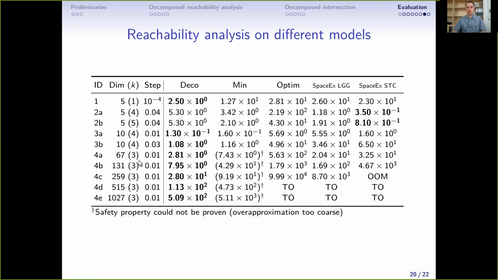And for this filtered oscillator in high dimensions, we outperform the other algorithms by several orders of magnitude. And we can even scale to dimensions that are out of reach for these other algorithms. Here, this is the only algorithm that can compete roughly, but it is too coarse to prove the property. So you can actually say it's useless.